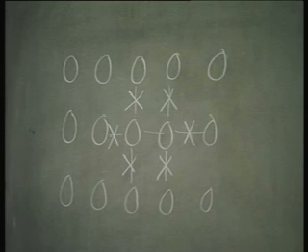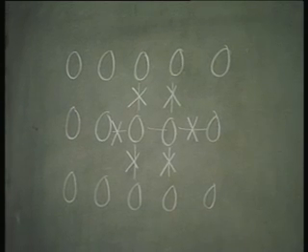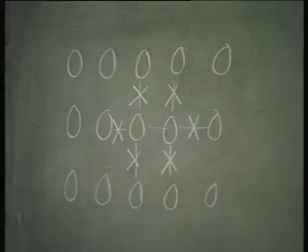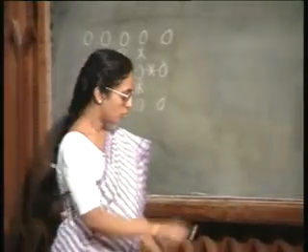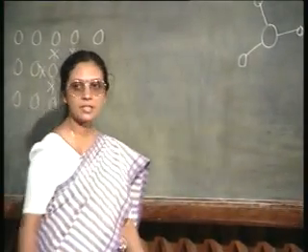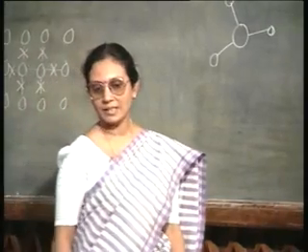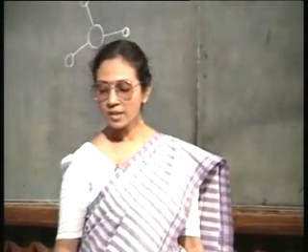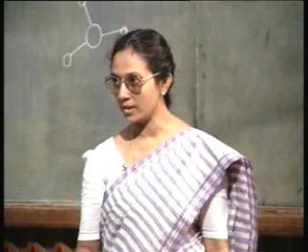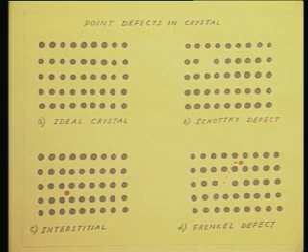So, totally 6 bonds need to be broken in order to create a divacancy. So, creation of a divacancy is quite easy, rather easier than creating 2 isolated vacancies. This is one kind of point defect in a crystal, which is called the Schottky defect or the vacancy.